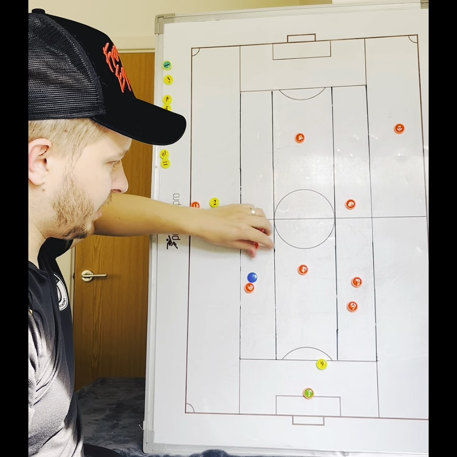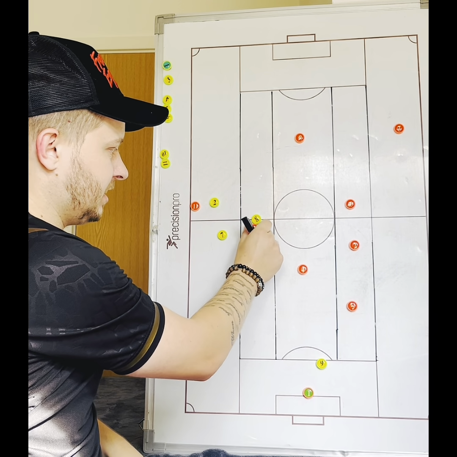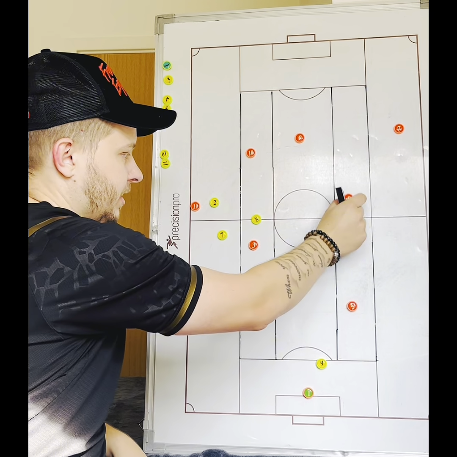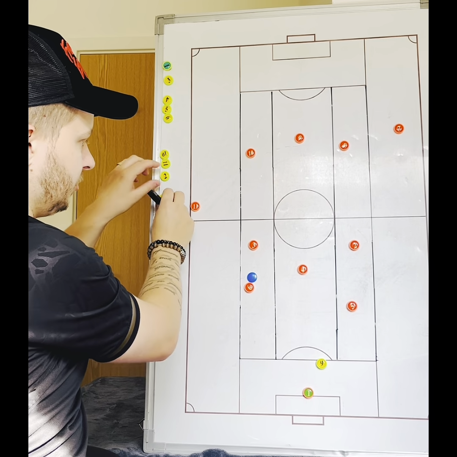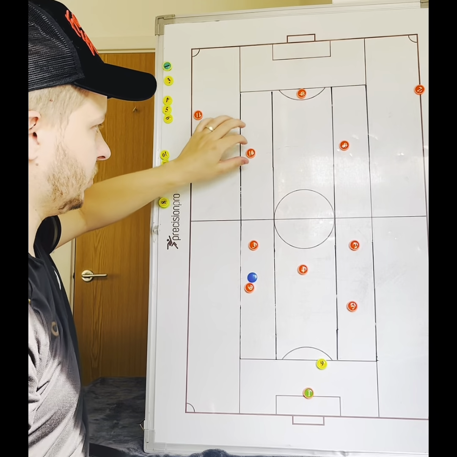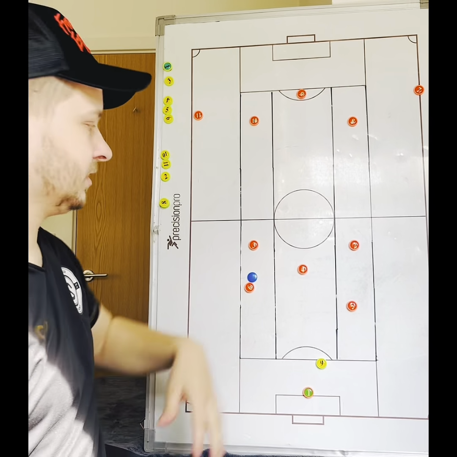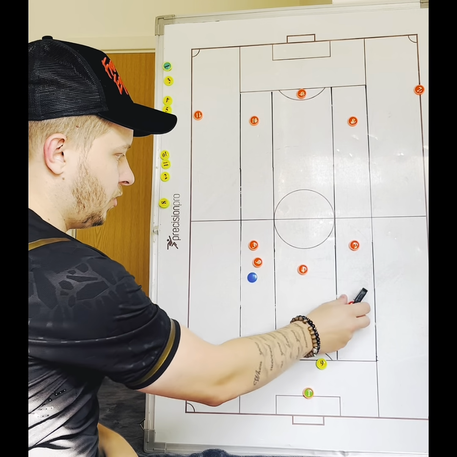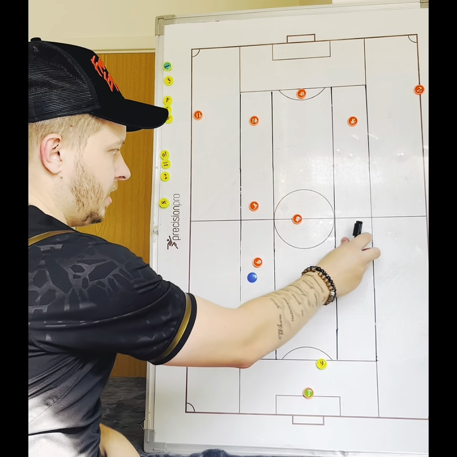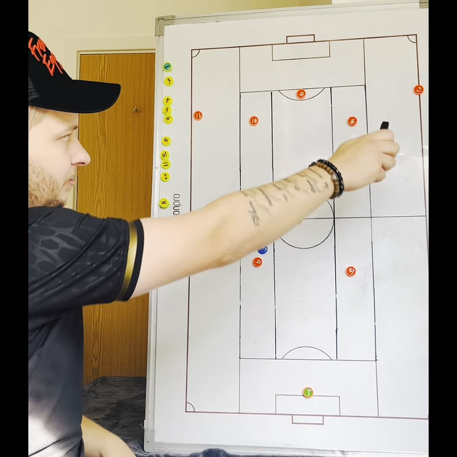Now, because the 3 and the 2 are positioned quite high in midfield now, it frees up these guys to go even higher. So now your 8 and your 10 can push up the pitch. So now you've got your width higher up the pitch, you've got your striker giving you the depth, and these guys become part of that front line. So it very much becomes a 2 at the back with a 3 in midfield, and then of course your front 5.